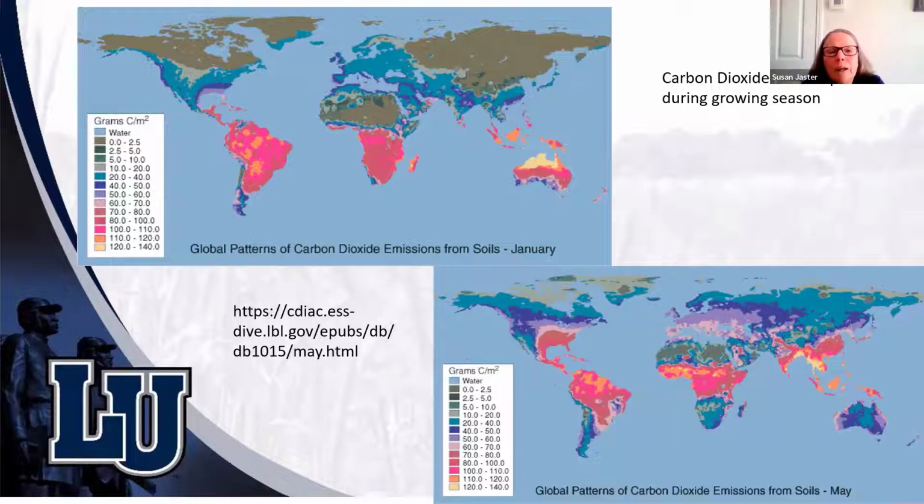And in January, other parts of the world are using tillage. But then in the bottom map, you see how pink the United States and Canada begins to come in May. That is how much carbon is released by tillage. So we have to be careful what we're doing.